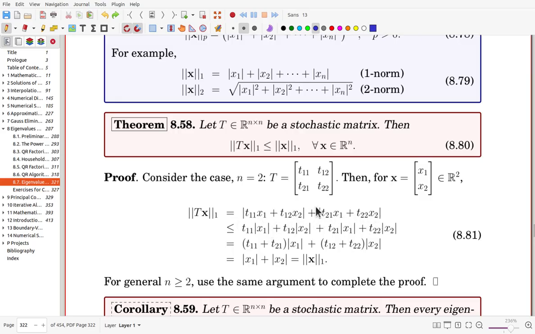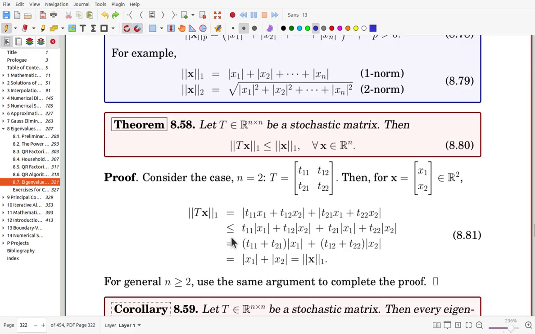Now, x is a general vector, so we can make it this way. For each one, t11 and t12 are non-negative, but of x1 and x2, at least one of them can be negative. So we have such terms along with that inequality.